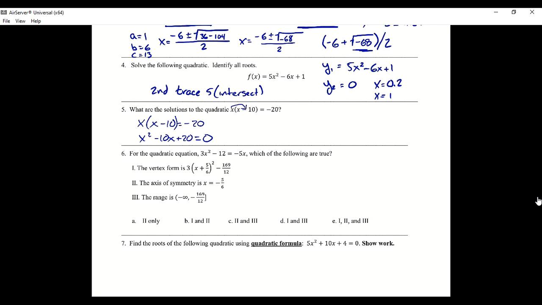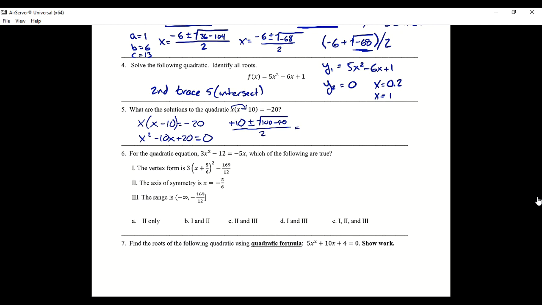So quadratic formula, we have positive 10, because remember, reverse the sign on that first b, plus or minus the square root of the negative 10 squared, which is 100, minus 4 times 20, so 80 times 1, so minus 80. And all of that is over 2 times 1, or 2.